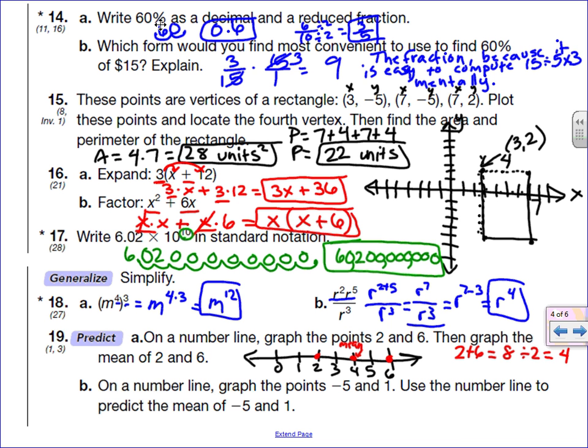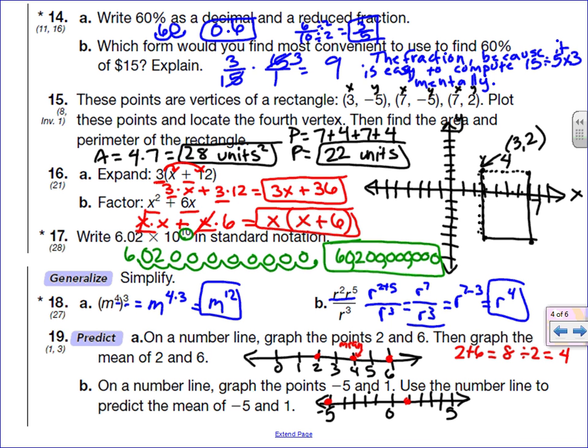So in the next one, when it asks us to graph the points -5 and 1, 1, 2, 3, 4, 5, 1, 2, 3. So -5 is here, 1 is here, and it says use the number line to predict the mean of -5 and 1.